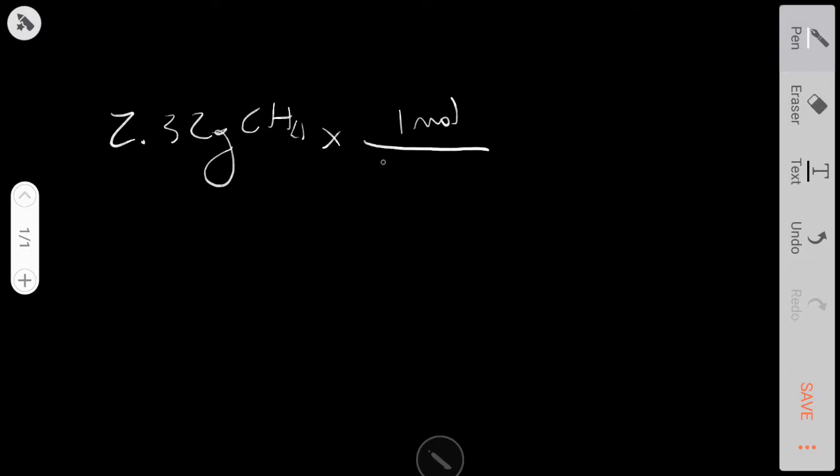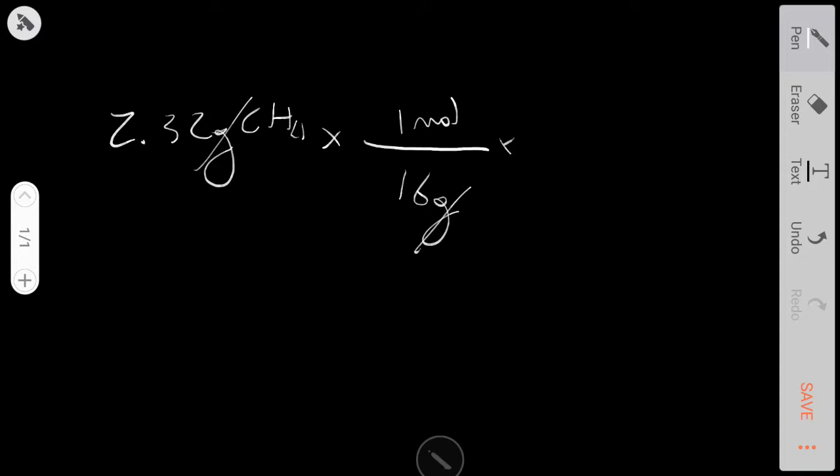So I have 2.32 grams of CH4 times, I want to first convert it to moles. So in 1 mole, I have carbon is 16, H is 4, those together. I'm sorry, carbon is 12. I was thinking of oxygen. So 12 plus 4 is 16 grams. Grams cancel out. Now I need to get rid of moles.